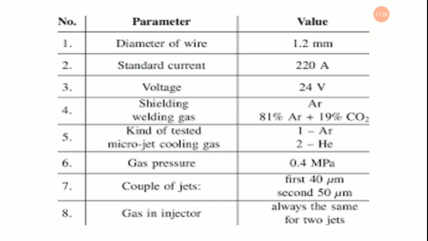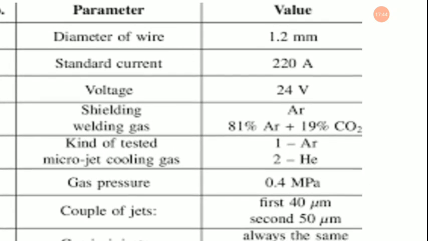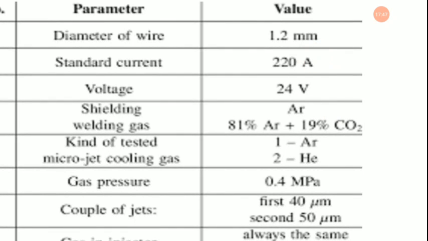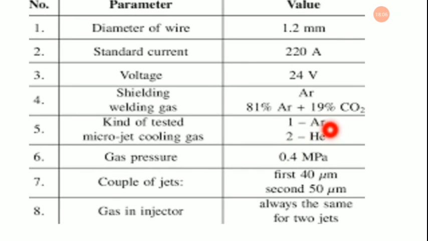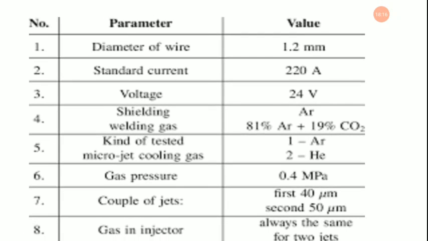If you consider this one, the diameter of wire is taken as around 1.2 millimeter, and standard current is around 220 ampere, voltage is 24 volt, and shielding gas is argon and carbon dioxide. Microjet cooling gas tested is argon and helium. Gas pressure is 0.4 megapascal, and a couple of jets, first 40 micrometer and second 50 micrometer. Gas injector is always the same for the two jets.